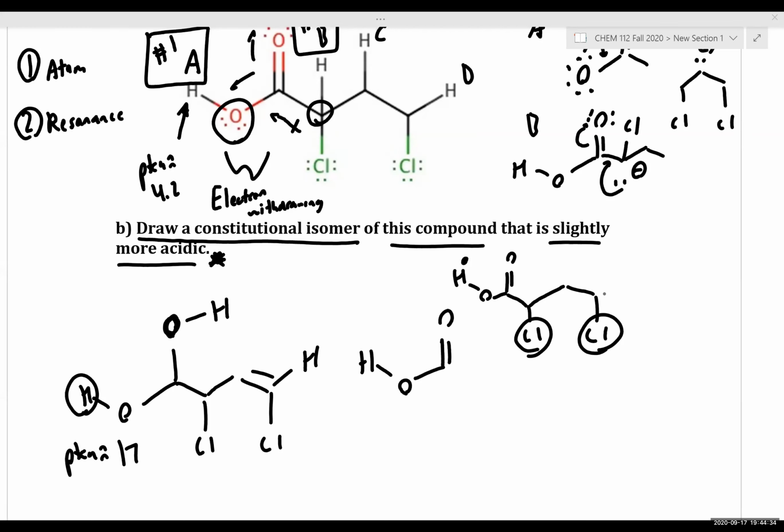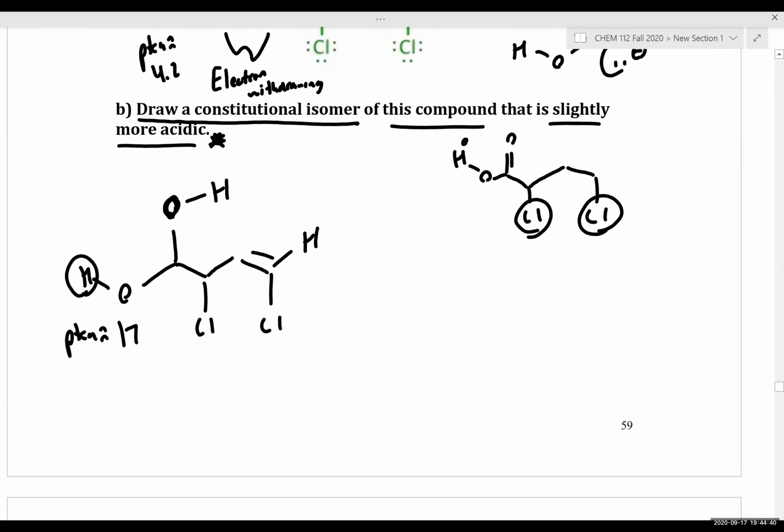Okay, let's entertain that possibility. We're on the right track. So our other proposal is we still have our carboxylic acid, but we put both of our chlorines on the right-hand side. Would this be a more or less acidic proton if we move our inductive withdrawing group away?